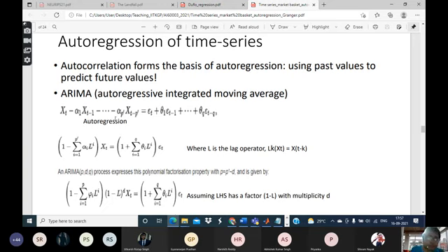The important thing to note here is that while it is very likely that the past values will have a strong impact on the future values, it is also extremely unlikely that this will be the only impact.